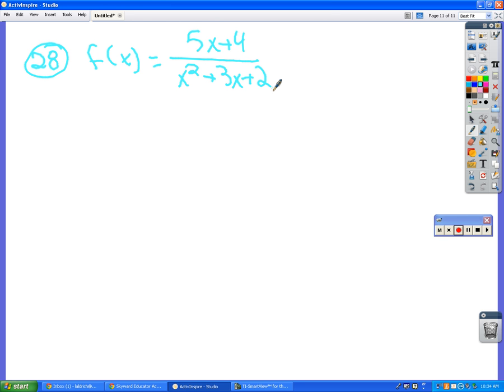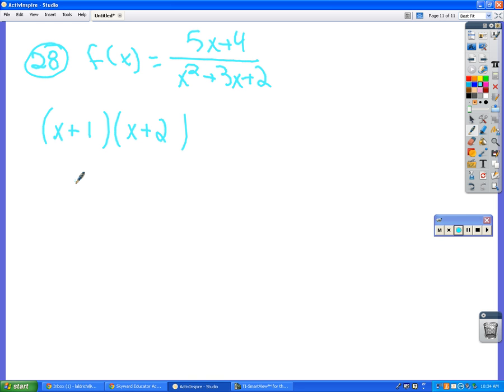All right, 28, we're looking at domain. You guys are chatting today. I'm learning a new system. Okay, we can't divide by 0, right? So we're going to factor the bottom into x plus 1, x plus 2.